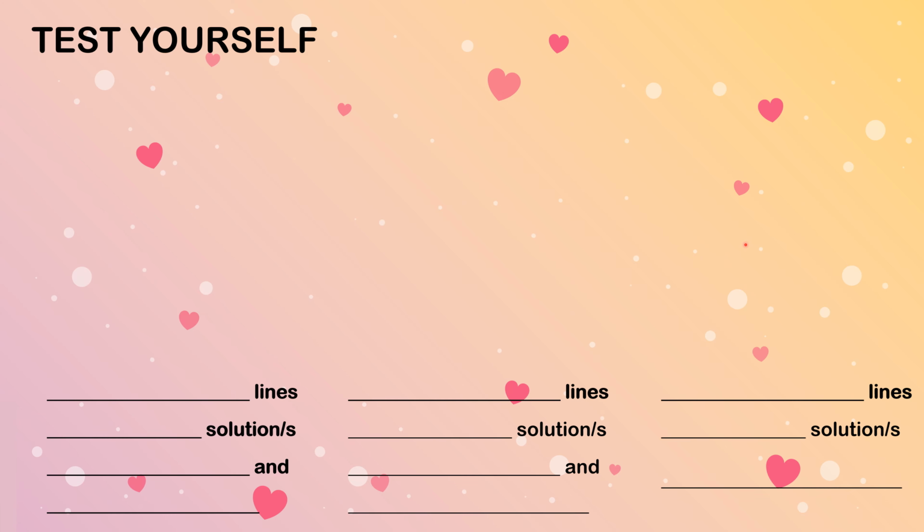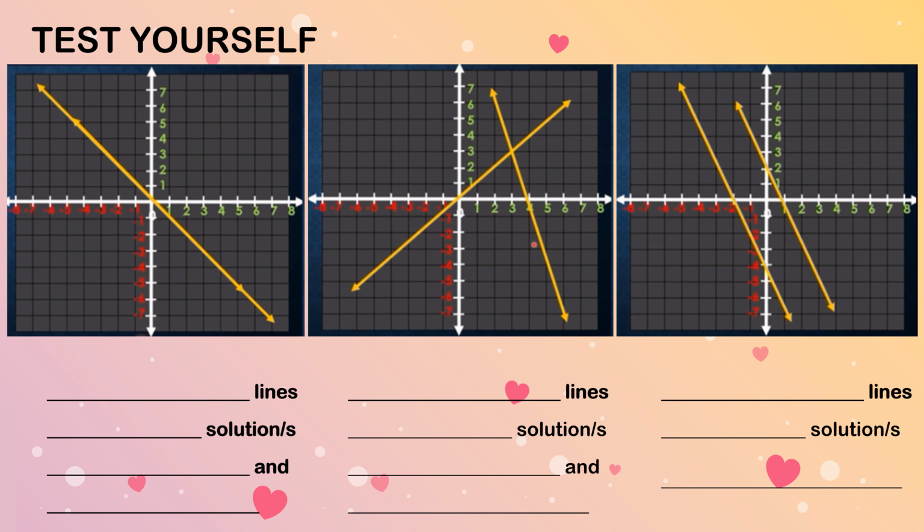Okay, to summarize our lesson for today, test yourself by fill in the blank. When you see these three graphs, tell what kind of line it is, what the solution is or how many solutions it has, and what type of system the graph represents. Got it?